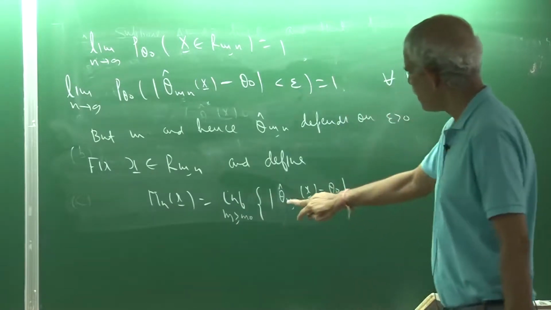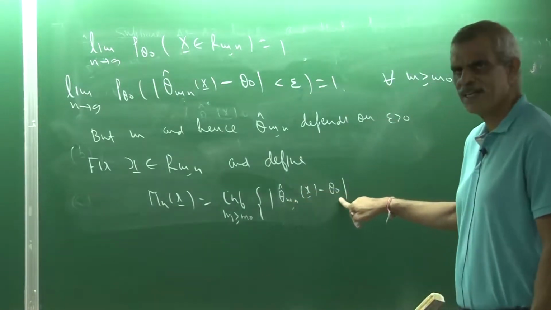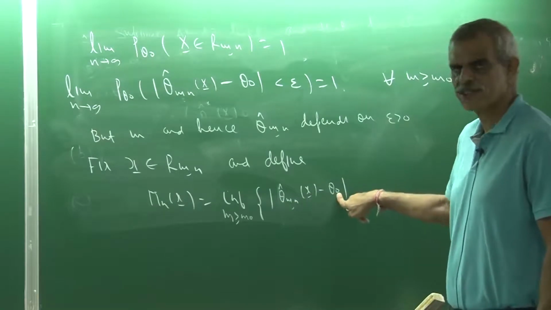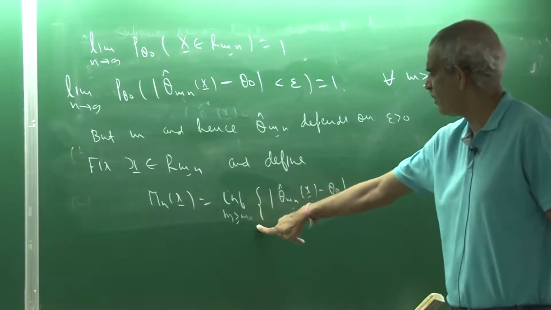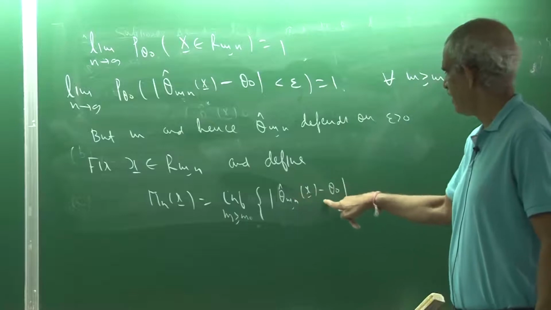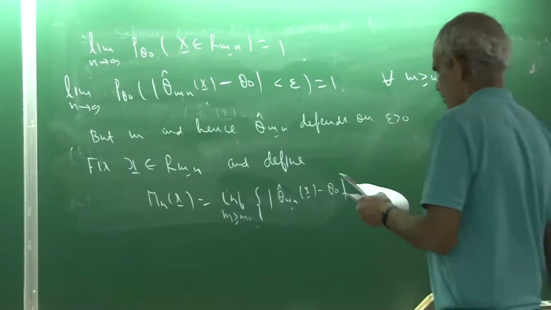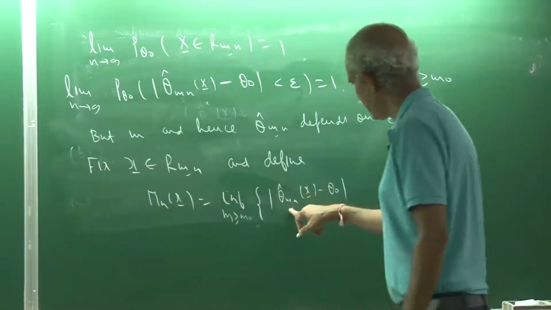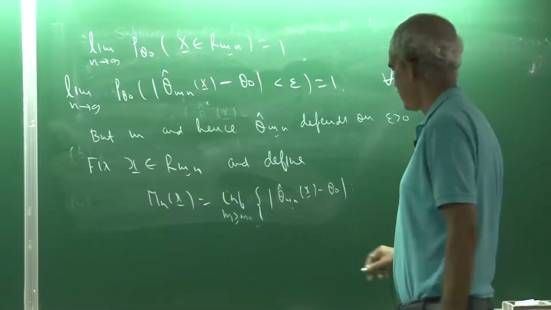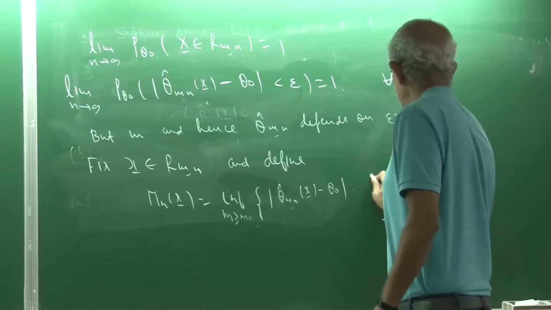So among all the theta hat mn, which is the closest to theta naught, that is what I am trying to look at. The infimum over all m greater than or equal to m naught of theta hat mn x minus theta naught. So the shortest distance I am trying to look at, and trying to identify what would be the corresponding m over here. And that would be the corresponding sequence.